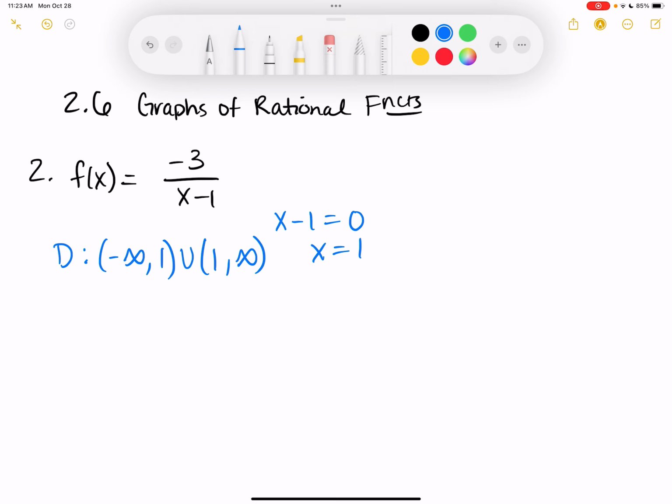Now, because there is a 0 at 1, what also do we know about this? What happens when the denominator is equal to 0? What do I have?